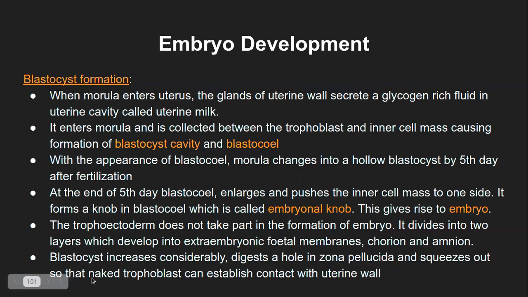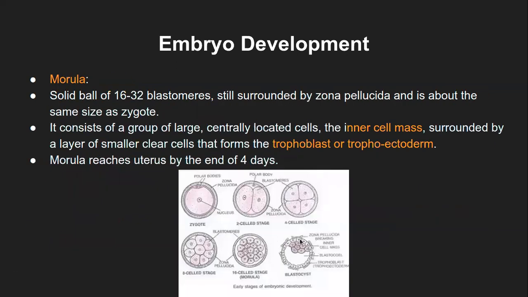Imagine outside there is the zona pellucida and the blastocyst is increasing. Because of the growth of the trophoblast, the zona pellucida layer will be broken, as shown here, partly through enzymatic action. That is why it is said to digest a hole in the zona pellucida and squeeze out, so that the naked trophoblast can establish contact with the uterine wall. Once the zona pellucida is broken, the blastocyst is naked, not covered by anything, and the trophoectoderm can establish contact with the inner walls of the uterus.